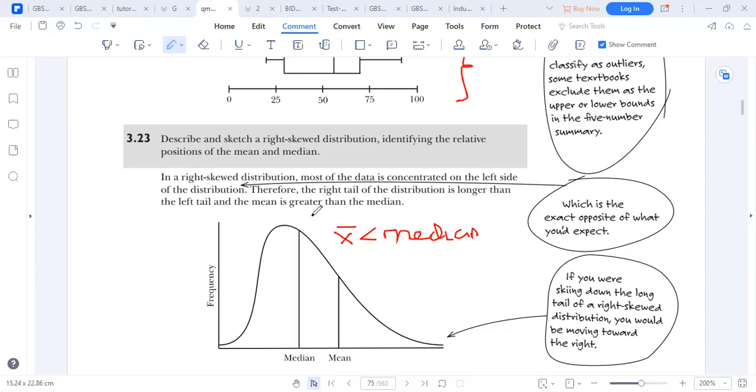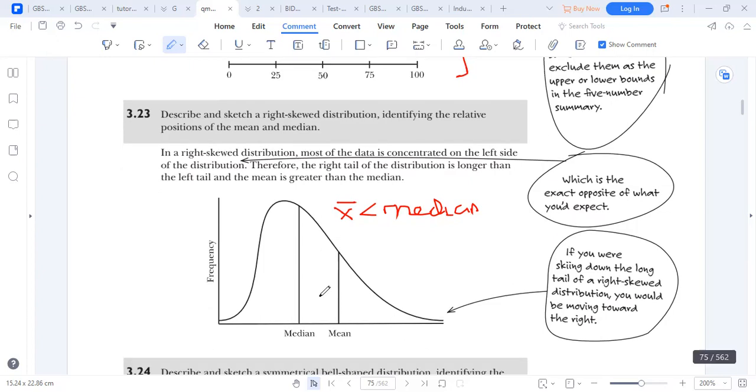According to this book, as Dr. Sabao, I think, explained it, it's right skewed, because this is what is being considered as the skewness. So in a right skewed distribution, most of the data is concentrated on the left side. Therefore, the right tail of the distribution is longer than the left, and the mean is greater than the median.